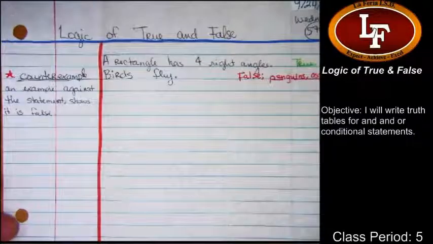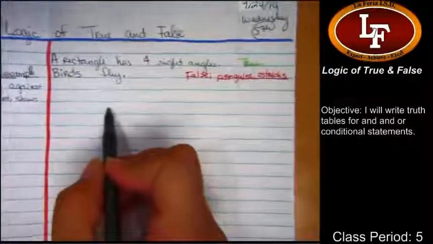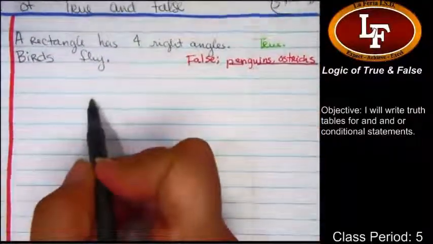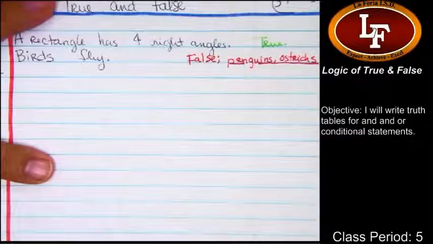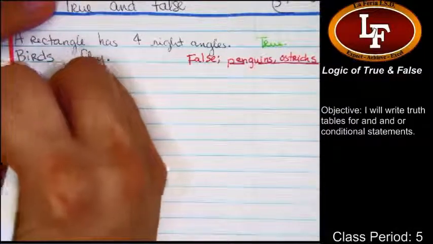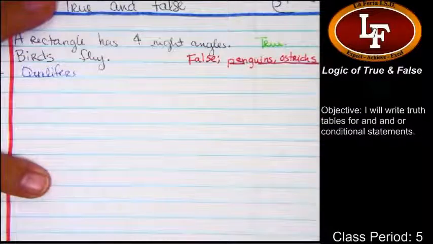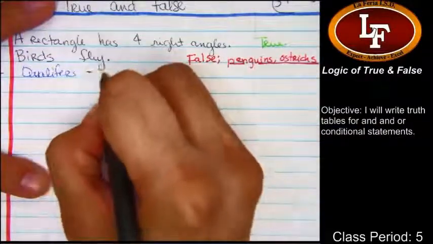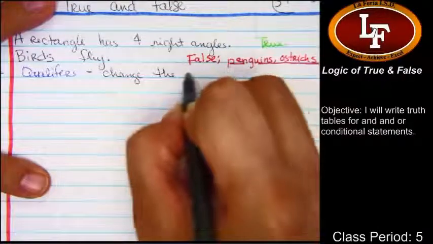Okay, so there's the counterexample. Now, what some of you did in trying to find a way to make this true was you offered what were called qualifiers. These are words that help change the truth value.